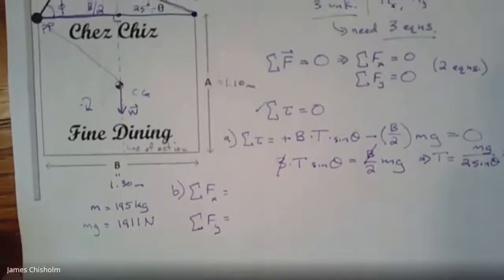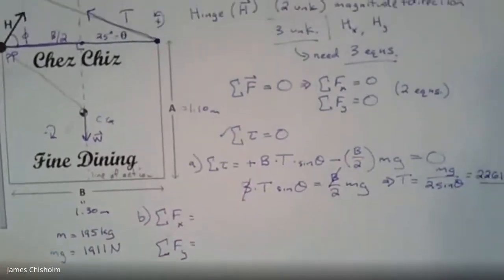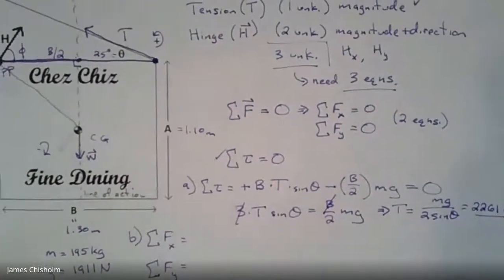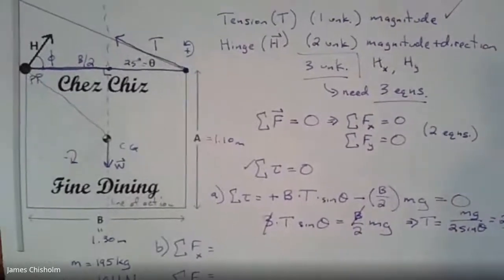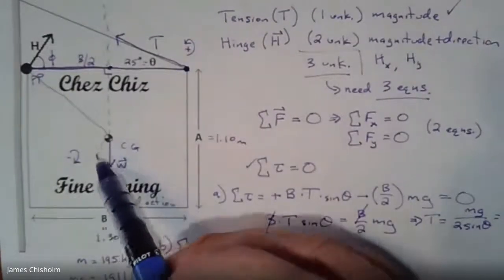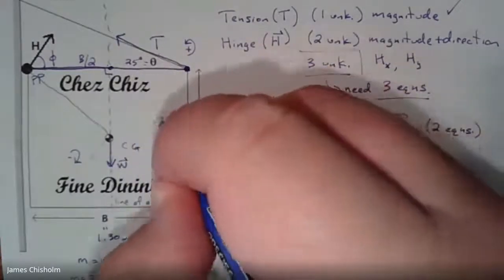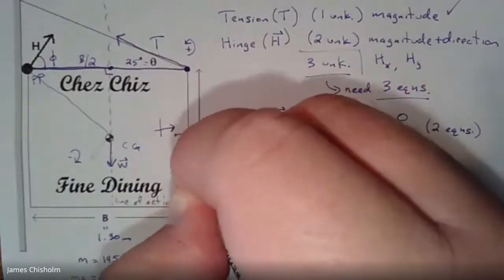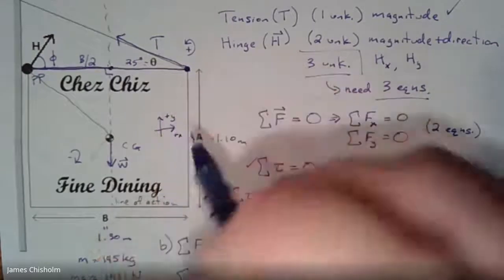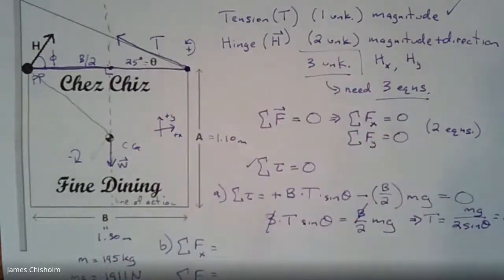If we look at our object, we've essentially drawn all of our forces in. We know that if I choose a coordinate system where this is in the x direction and this is in the y direction, our weight is acting purely in the negative y.